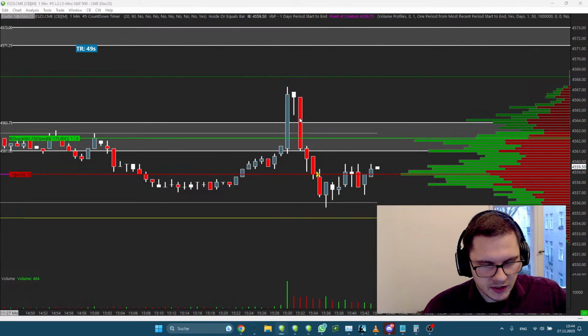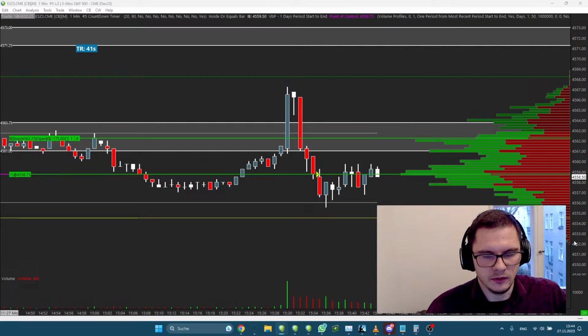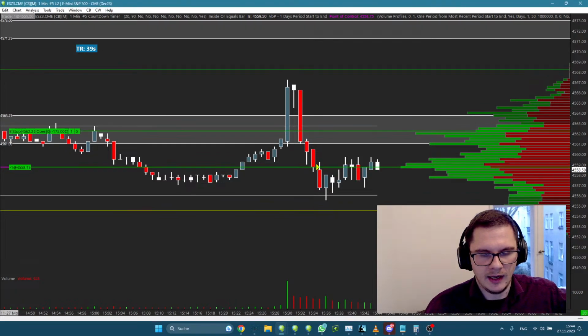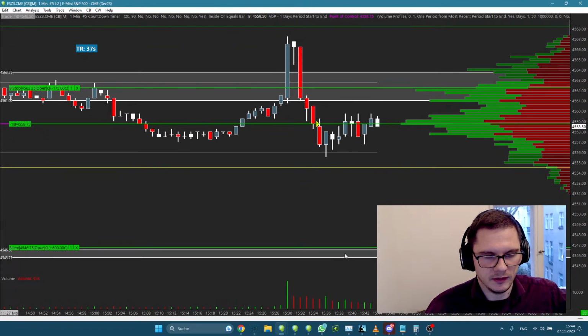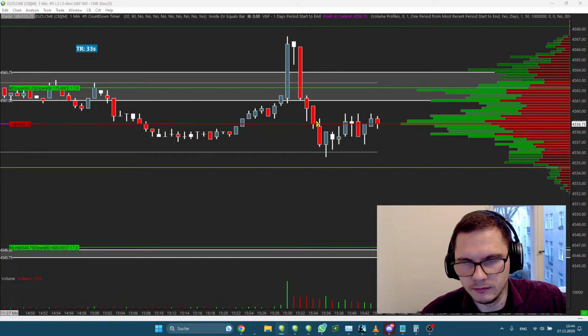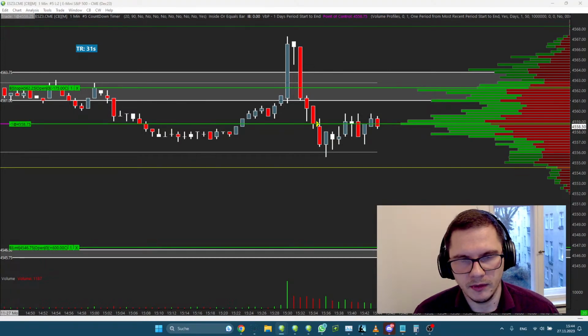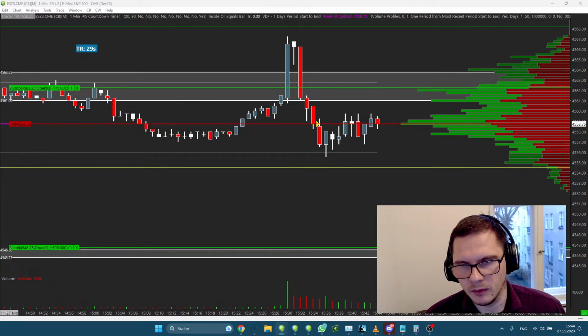Right just after I saw we have this big breakdown, I thought we might have continuation to the low of day, and maybe even a bit further. So you see this is where my stop is down here. I think I have to move it a little bit further to the top. I don't think we will come here quickly.